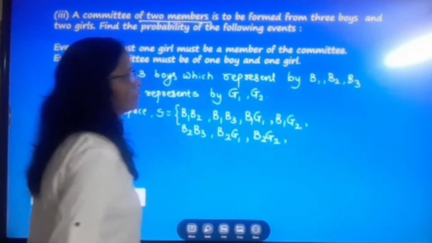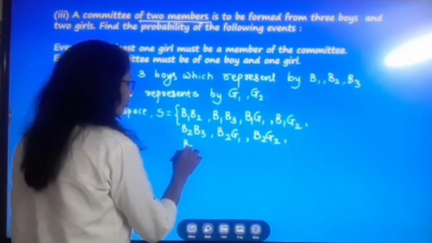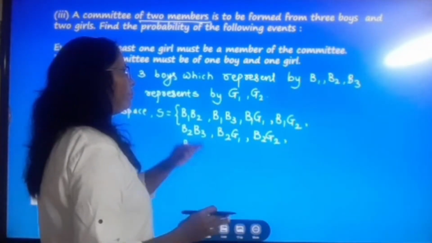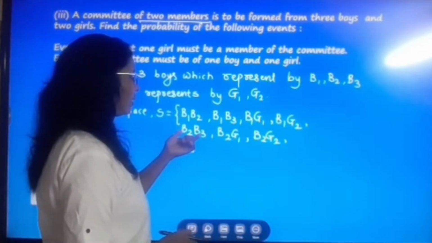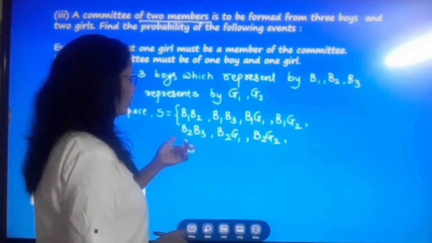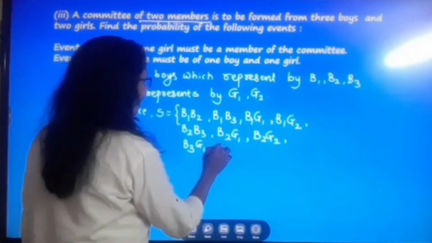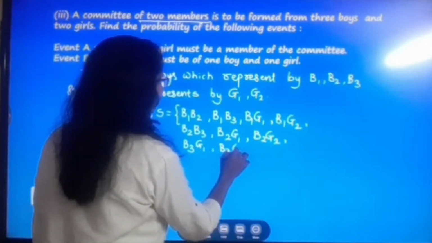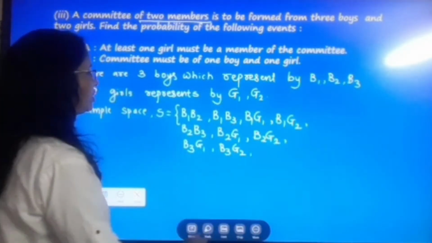Then starting from B3, do not write B3, B1 and B3, B2, it is already included as B1, B3 and B2, B3. So now write down B3, G1 and B3, G2. And then starting from G1.